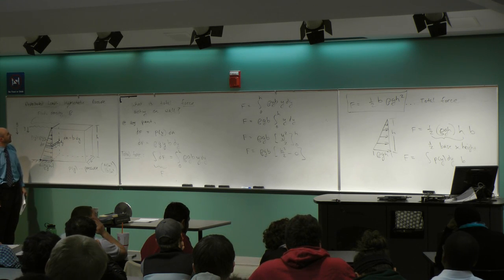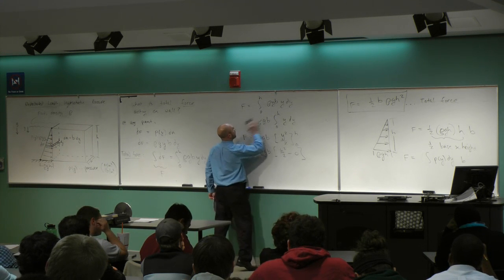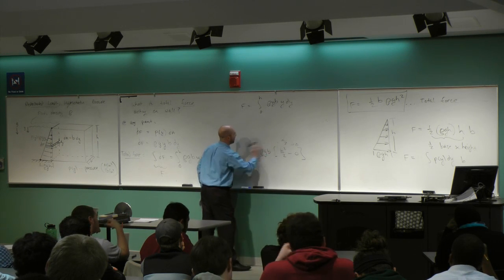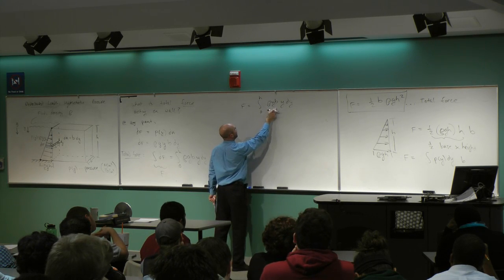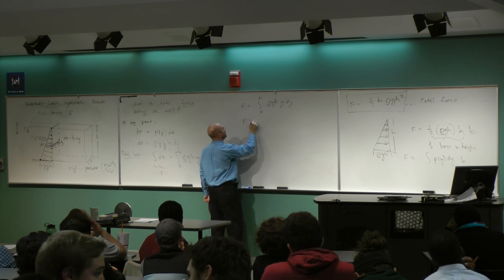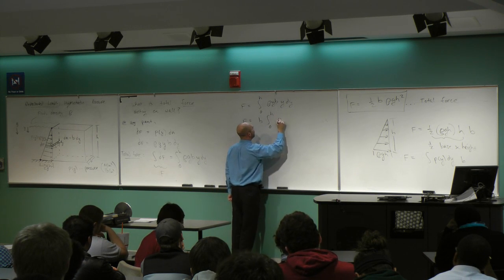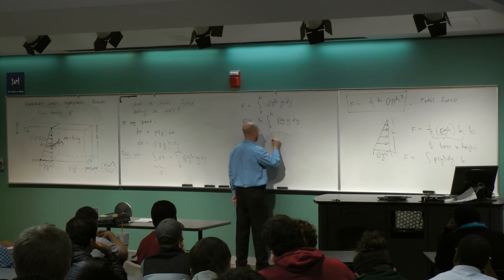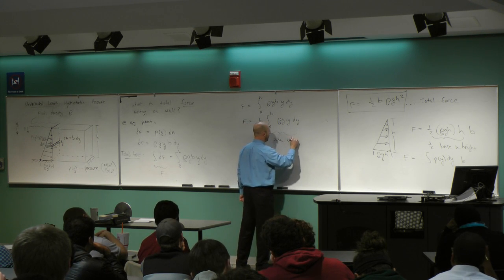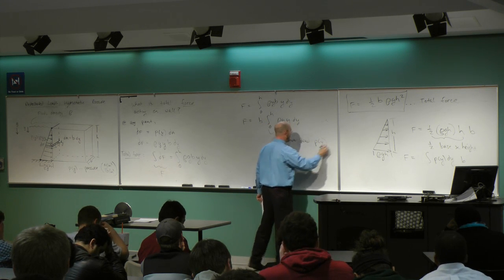Yeah, that's it. So the point is the total force, I've got it written right here again. If the b comes out, F is equal to b times the integral from 0 to h of rho g y dy. This is the area under the load, p of y.